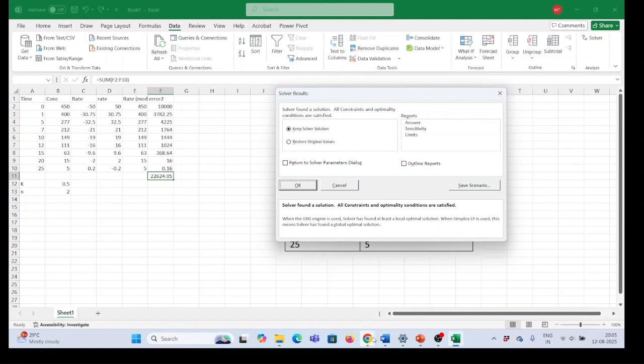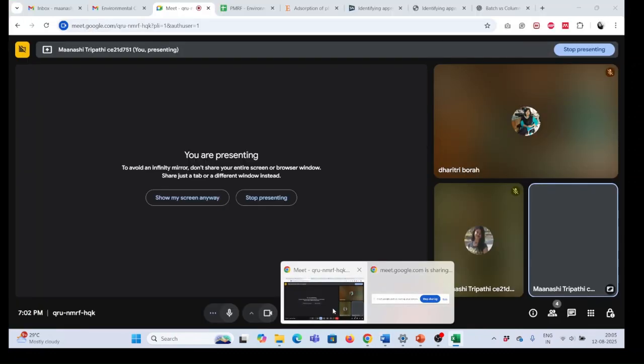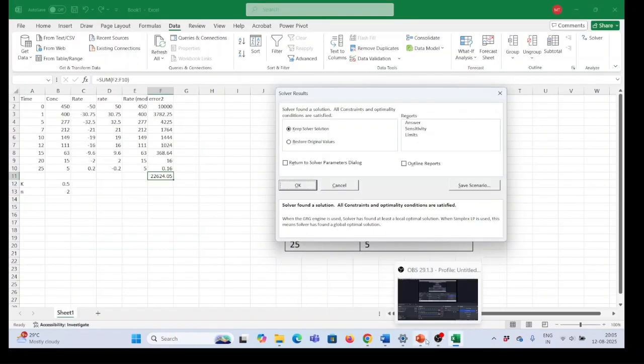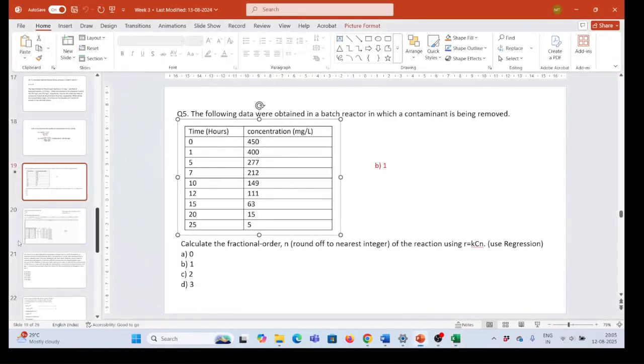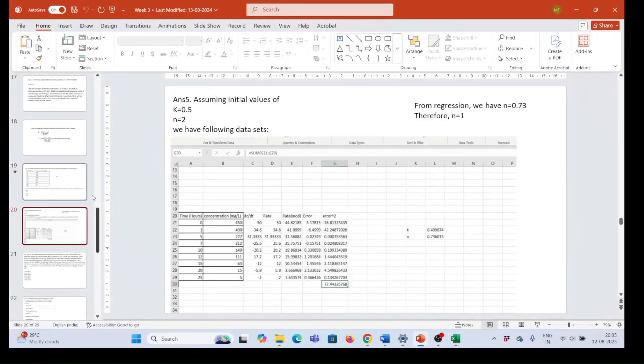Sometimes it will give some erratic results. What I have done earlier is create this.